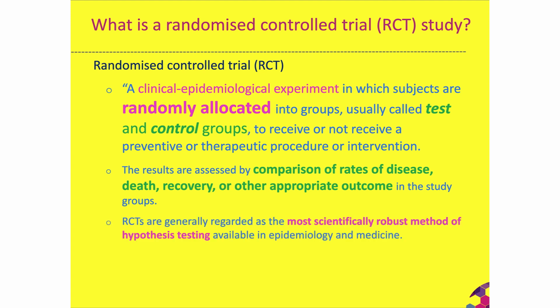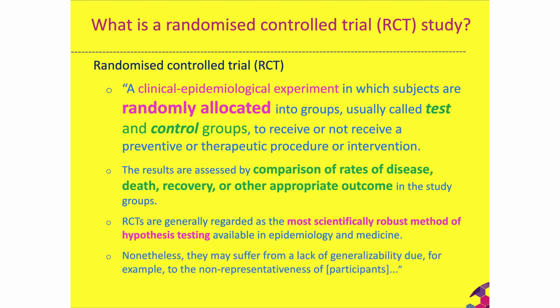Randomized controlled trials are generally regarded as the most scientifically robust method of hypothesis testing, often called the gold standard research method in epidemiology and medicine. However, they do suffer from certain issues such as lack of generalizability due to the non-representativeness of the participants who often get involved or offer to support randomized controlled trial studies.